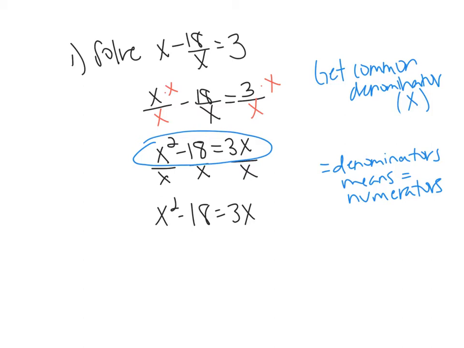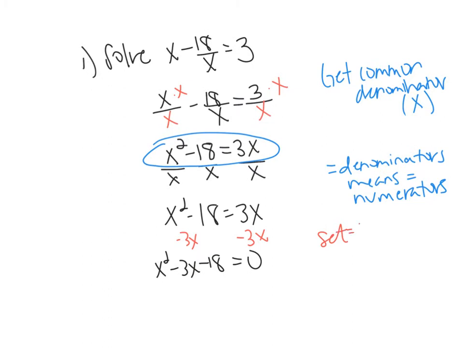Okay, so now we just have a quadratic. If I have an x squared, my goal is to try to isolate the x. Since I have a trinomial here, I'm not going to be able to isolate the x without factoring. So let's set everything equal to 0. Subtract the 3x from both sides: x squared minus 3x minus 18 equals 0. Next we need to factor. Because we have a quadratic, we need two answers, so parenthesis, parenthesis.